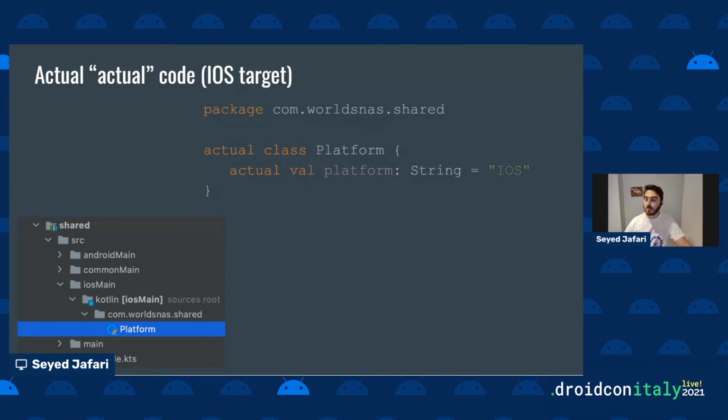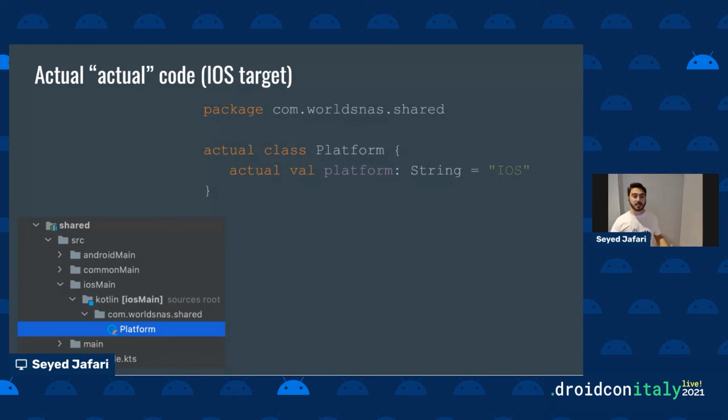And right now, it might occur to you, okay, but we already have interfaces. We can have an interface and define different implementations. That is completely right, except with interfaces, there is no state. You cannot create an interface; you have to create an object that implements the interface. That is the difference between actual and expect versus interfaces.